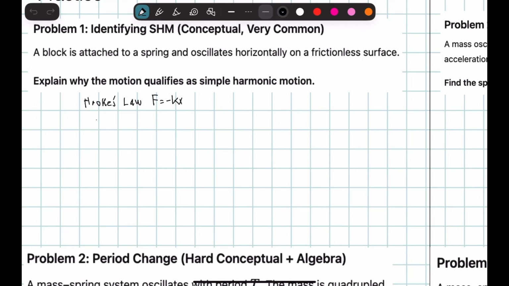Because of this, force is proportional to displacement, F and x. That means the force points toward equilibrium. Therefore, we know that acceleration satisfies a is equal to negative k over m times x. So that means that the motion is simple harmonic motion.